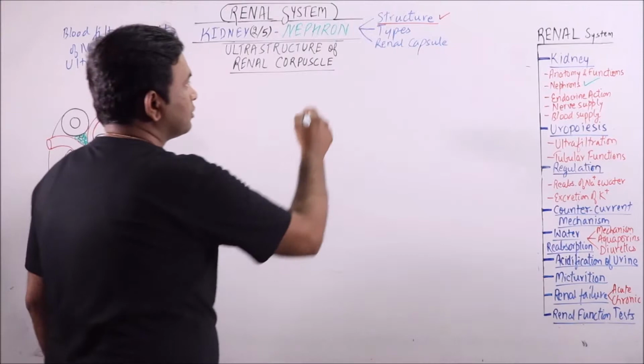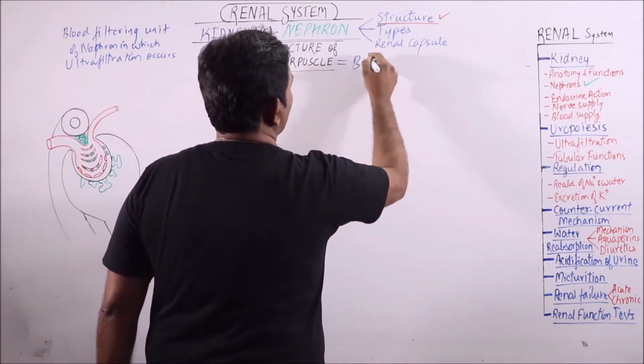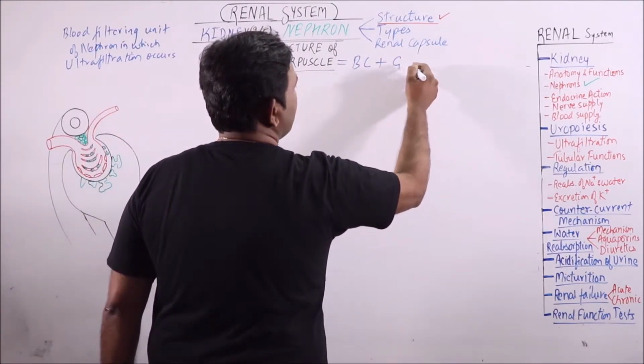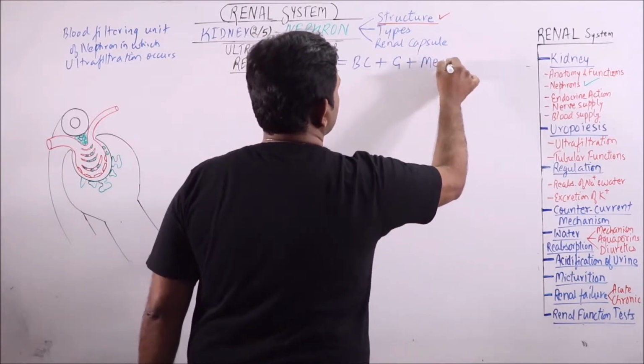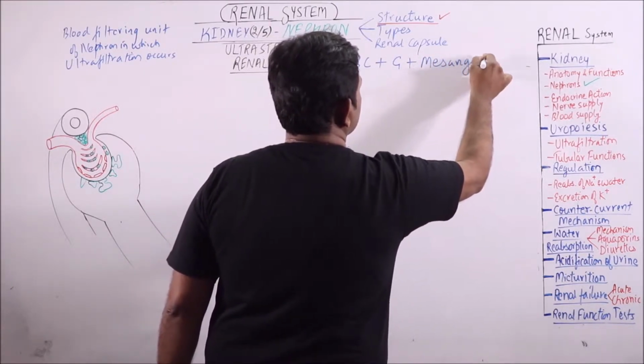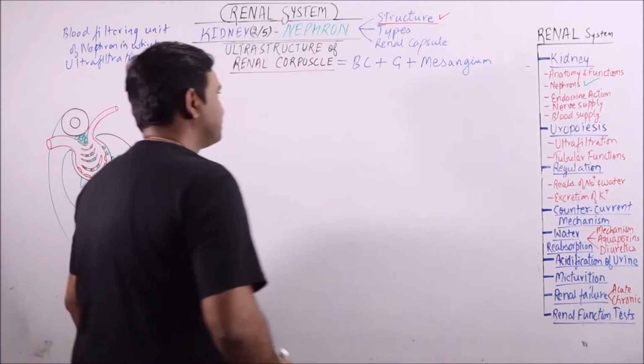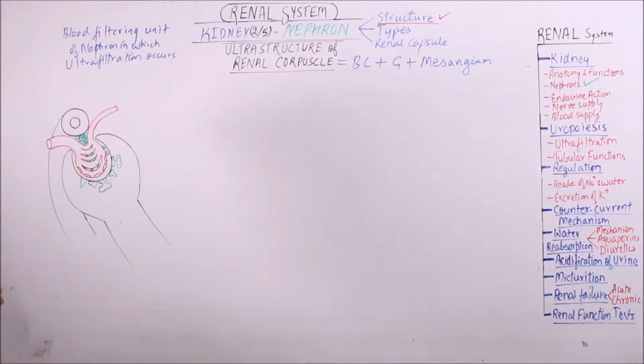It consists of Bowman's capsule plus glomerulus plus mesangial.